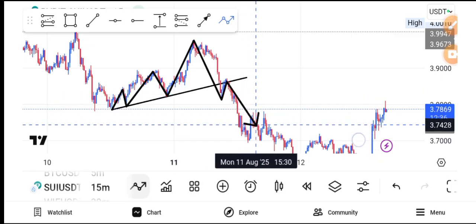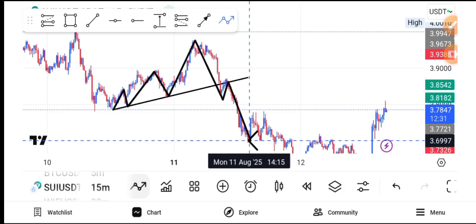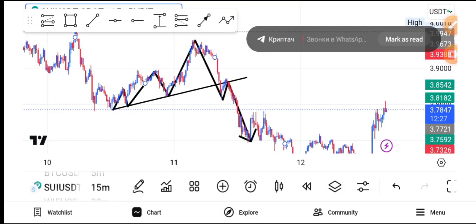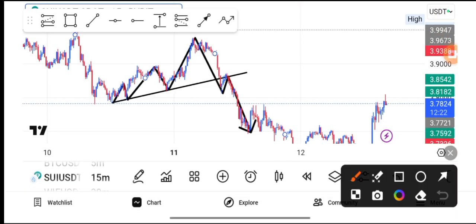Now the market changed trend at this very point. I want to mark it here. This is where the market changed trend. So when it broke that trend line, it is no more an uptrend. You understand? So this is what we mean by uptrend.